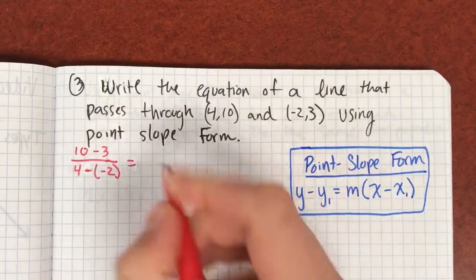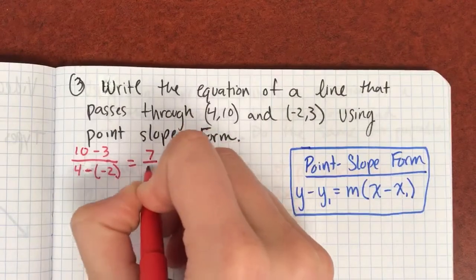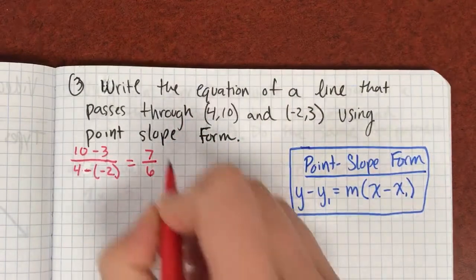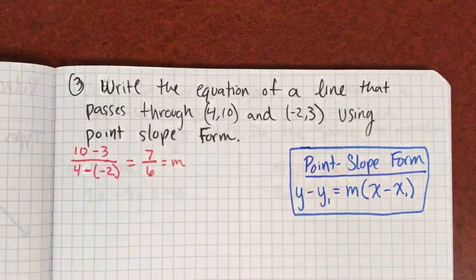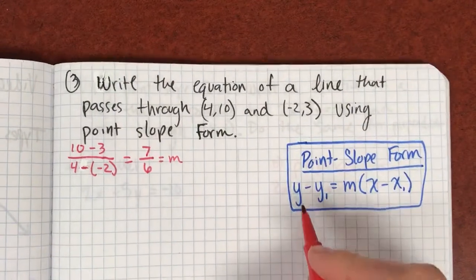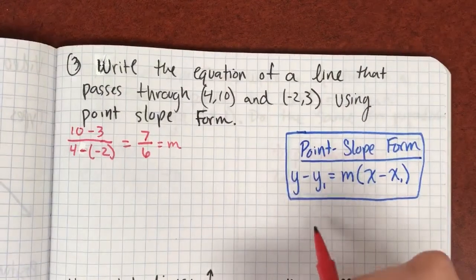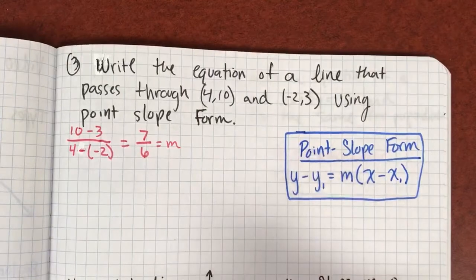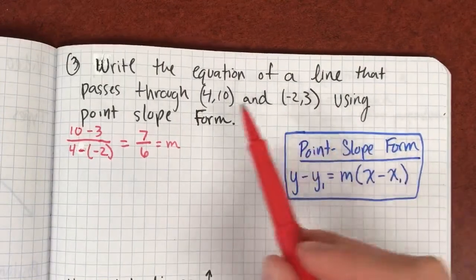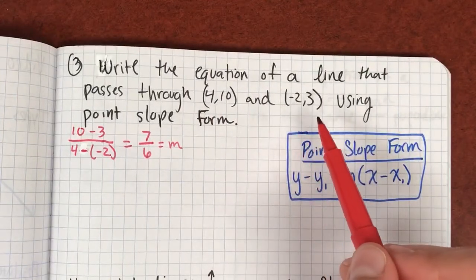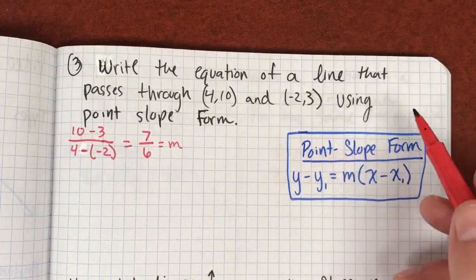Okay, and this slope simplifies to 7 over 6, and that is our m. Now when doing this, it's a little bit easier sometimes because all you need is a slope and just a point, so it doesn't matter which point. We don't have to find our y-intercept like we did before.